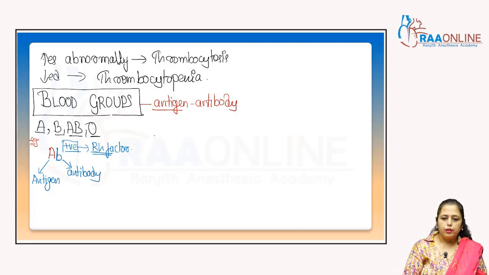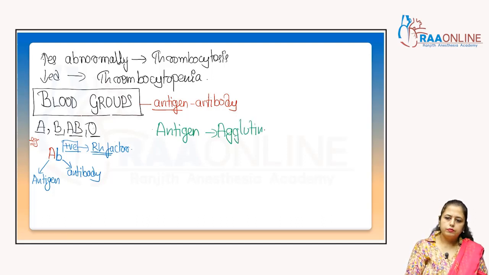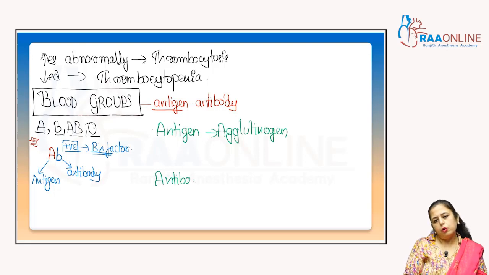Now listen carefully. In NCERT a chart is given. Antigen is known as agglutinogen. Antibody is known as agglutinin.